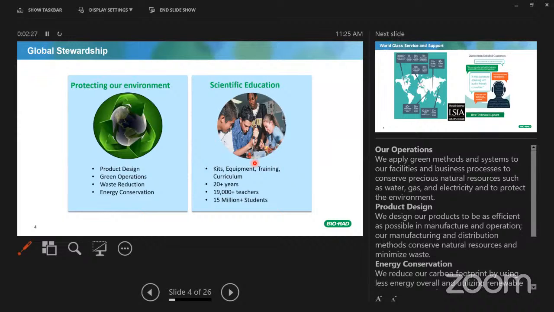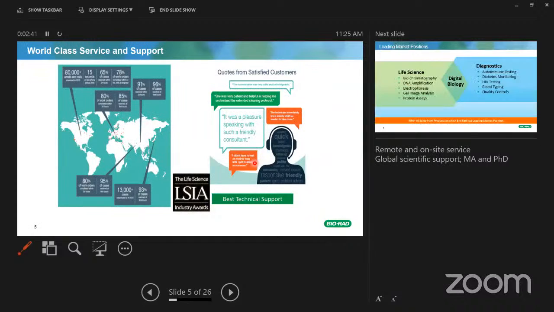We also have curriculum which we have mastered over the past 20-30 years in scientific education, trying to encourage young students and increase their awareness. From a service point of view, we are rated amongst the top 3 companies across the board with the best technical support. That is where we take pride, in having employee satisfaction and getting the best talent from the universities and colleges.